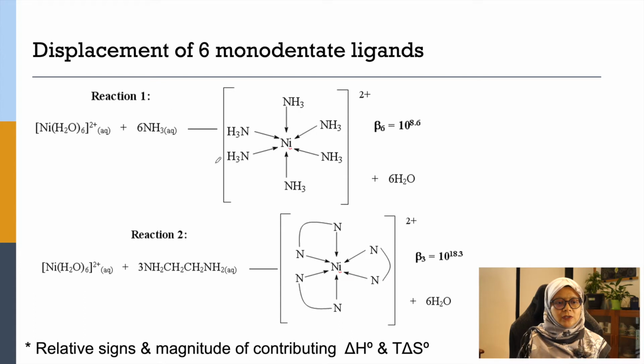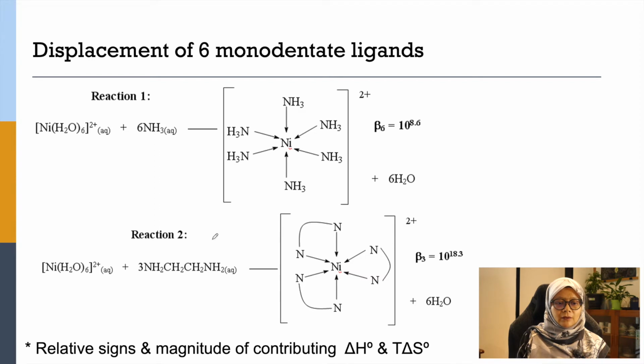Reaction 1 involves 6 ammonia or 6 monodentate ligands, while reaction 2 has 3 en or 3 ethylene diamine. Let's look at the overall formation constant for reaction 1, where the value is 10 to the power of 8.6.